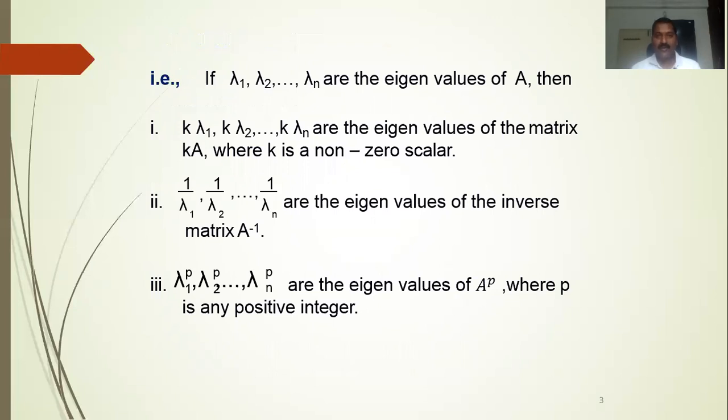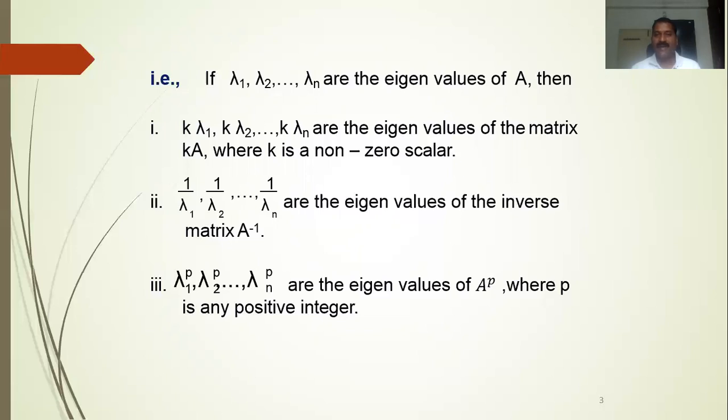If lambda 1, lambda 2 and so on, lambda n are the eigenvalues of A, then if you scale them, k lambda 1, k lambda 2, and k lambda n are the eigenvalues of the matrix kA, where of course k should be a non-zero scalar. And what are the eigenvalues of powers of a matrix?